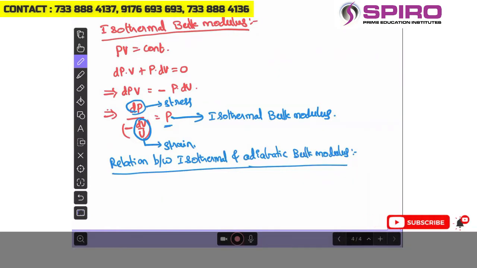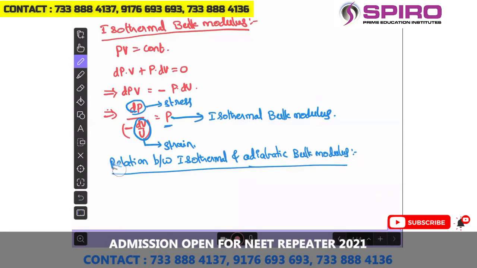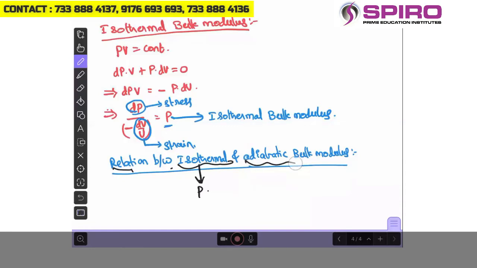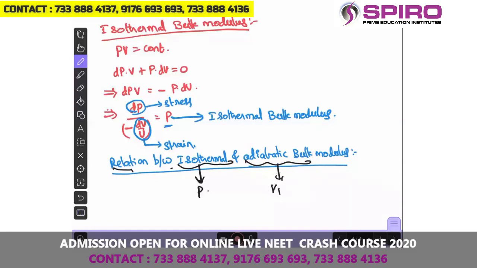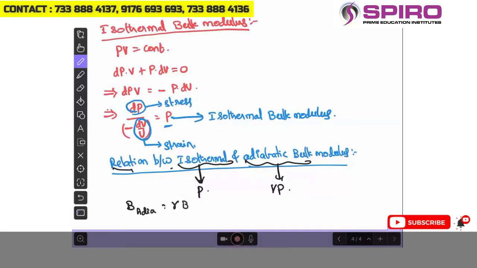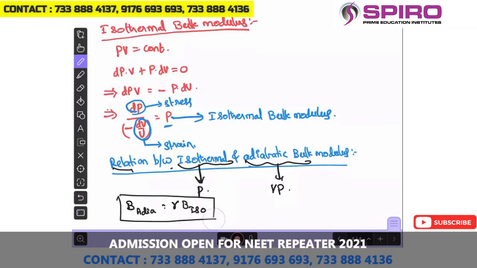In the previous slide we got that the isothermal bulk modulus is P and the adiabatic bulk modulus is gamma P. So you can write the bulk modulus in the adiabatic process equal to gamma times the bulk modulus in the isothermal process. Okay. So the relation is used to be taken like this.